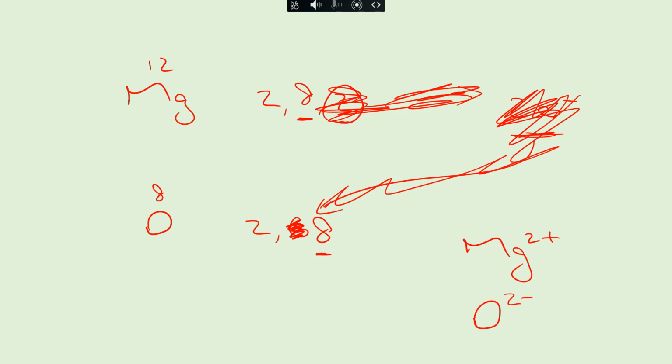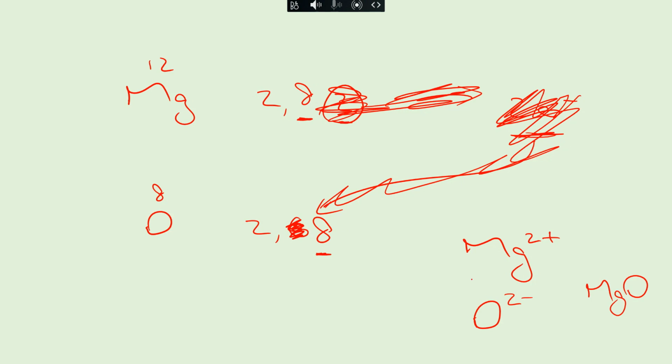Anywho, we now have opposite charges. And what do opposite charges do? They attract. So it's this attraction between the magnesium and the oxide that forms our product. So we write magnesium oxide. Now, compounds don't have a charge.